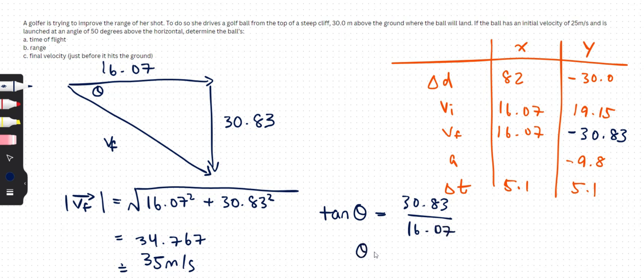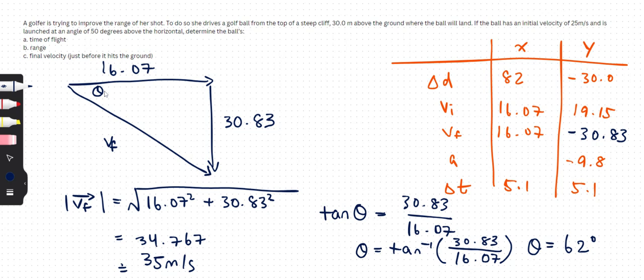If you do this in your calculator, you should be pressing inverse tan, and then 30.83 over 16.07. And that's going to give me 62 degrees. So theta equals 62 degrees.